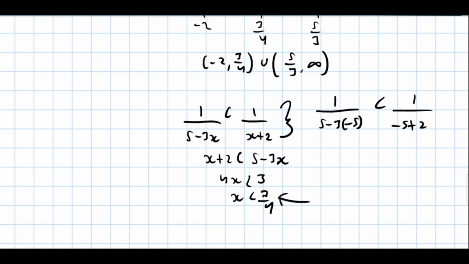Well, it doesn't satisfy. 1/20 is not less than -1/3. So when you directly solve this method, not only does it give us the wrong range of values of x, but it also excludes the other range of values of x which satisfies the inequality, which is 5/3 to infinity. So that's basically about it.